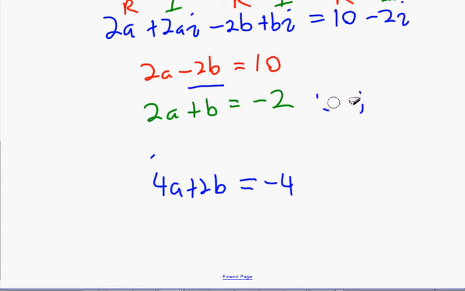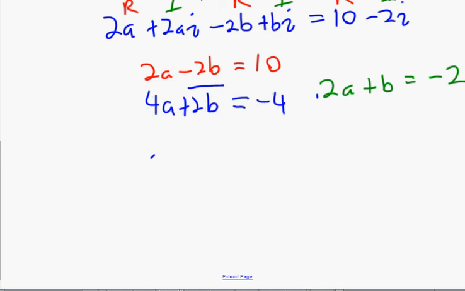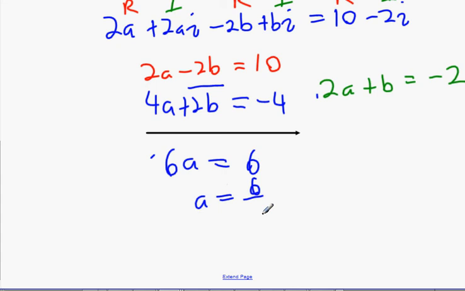That's me multiplying the green equation by 2. Move that aside. Now move this underneath. Now they're going to cancel out, and we're going to get 6a equals 10 minus 4, which is 6. a equals 6 divided by 6 equals 1.